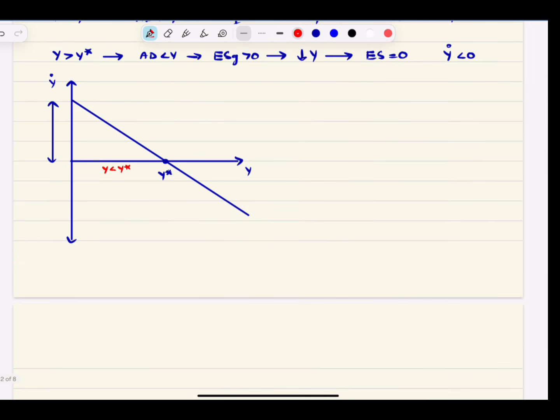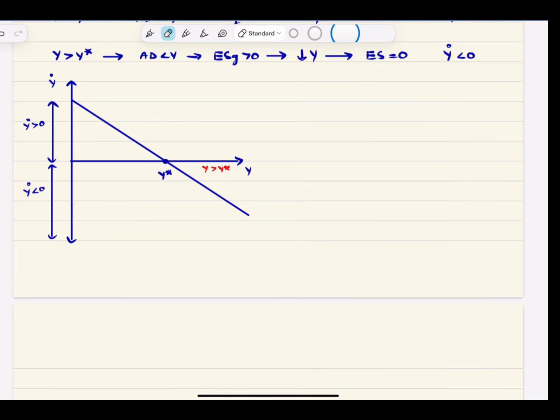That is why this part comes on the positive side. And in this region y is greater than y star, therefore this diagram has to lie below, where all the values of y dot are negative.